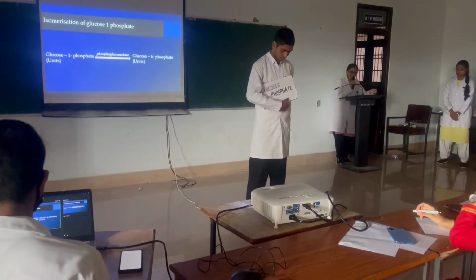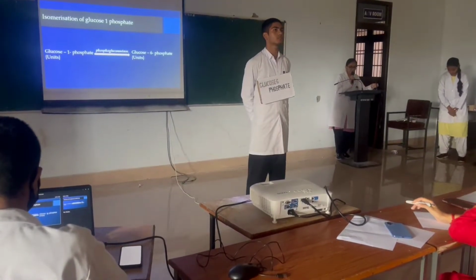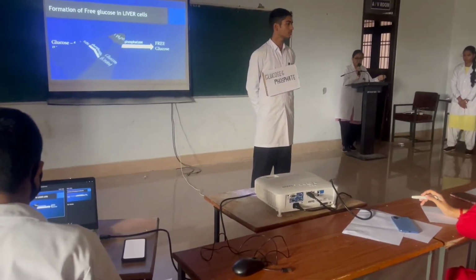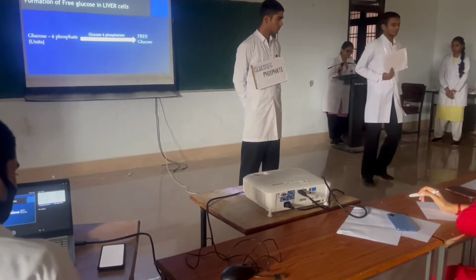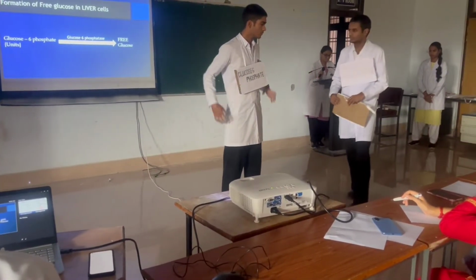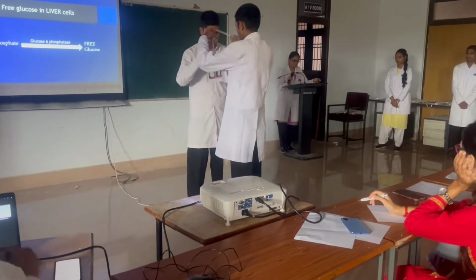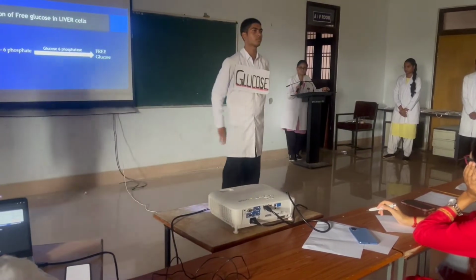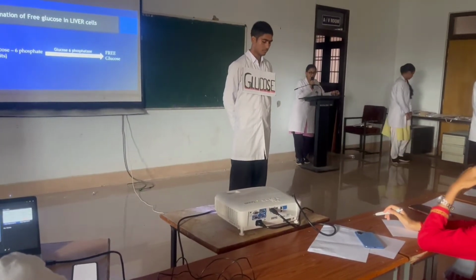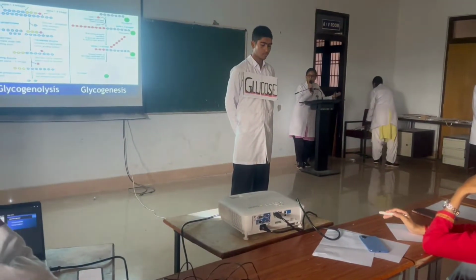Glucose 6-phosphate is dephosphorylated to form glucose by the action of enzyme glucose 6-phosphatase. Hence, glycogen is broken down into glucose, its monomer.